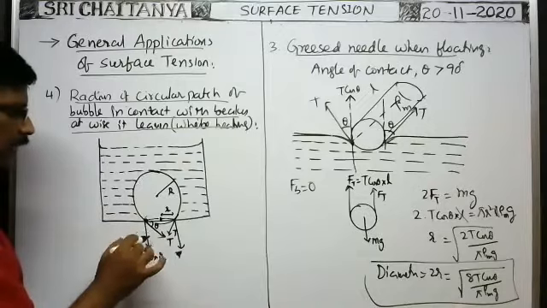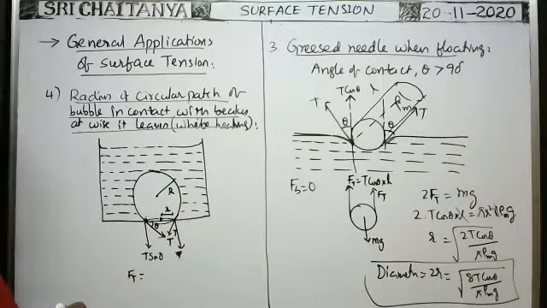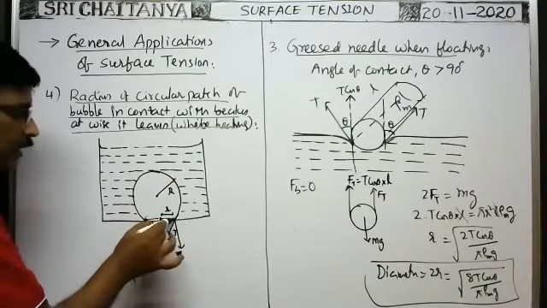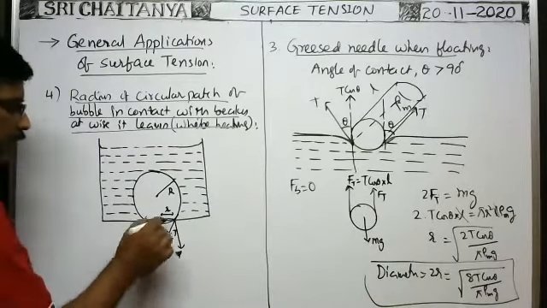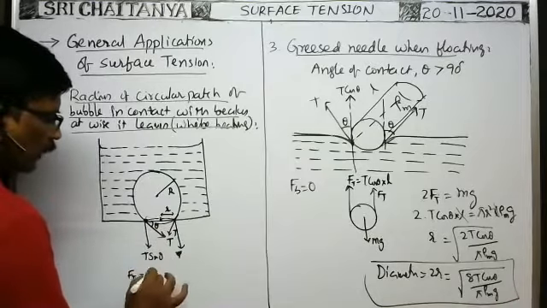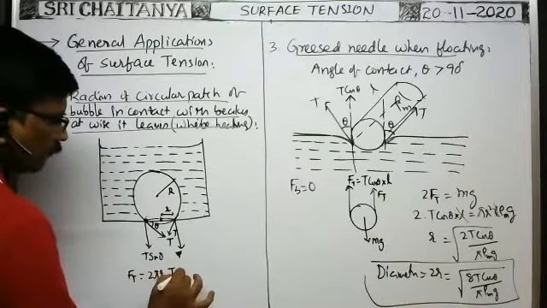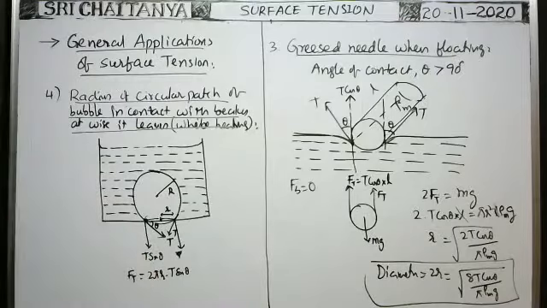Then what is the force due to surface tension downwards? The length of the circular patch in contact with the beaker, as the radius is taken as r, is the circumference 2 pi small r, into T sin theta. This is the force due to surface tension acting on the bubble in the downwards direction.